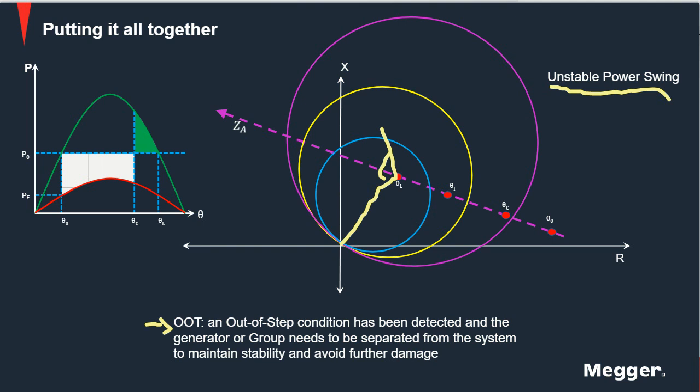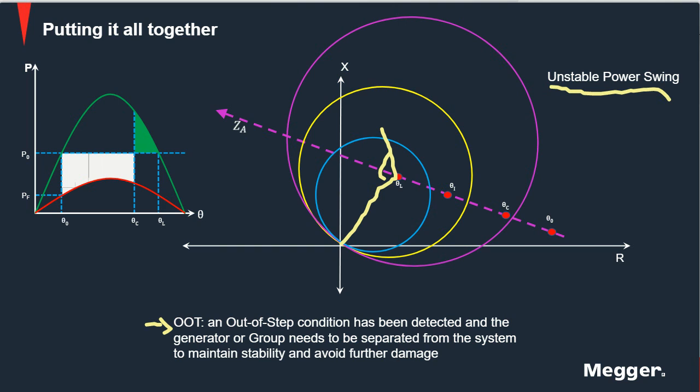What I'm trying to say is that you don't always trip in the place in the system where you detected the power swing. You trip in the place where previous power system studies determined that is the best place to bring the system back into a stable condition.